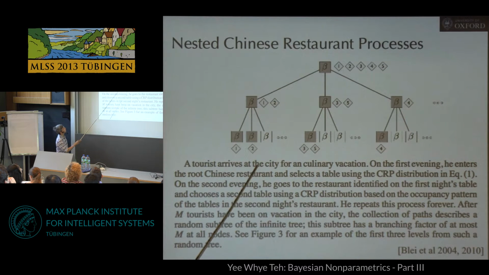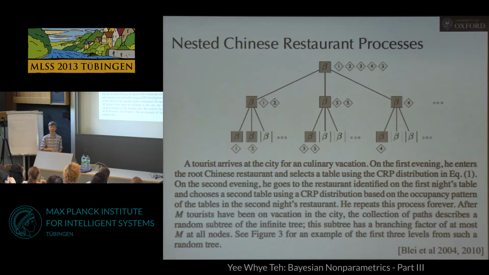So we start off at the top, okay, and we have a certain number of customers, and all the customers go into one restaurant, and within that restaurant, customers 1 and 2 sit at one table, 3 and 5 sit at another table, and 4 sits at the third table, and so forth. And at each table, the customers are going to be given a name card for the restaurant that they can go to the next day.